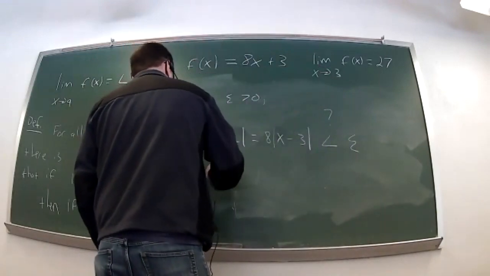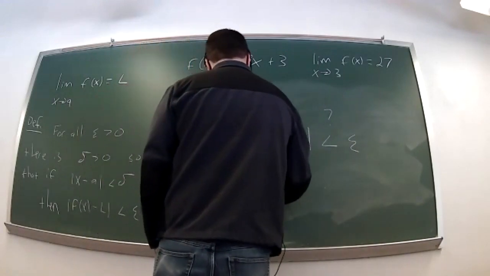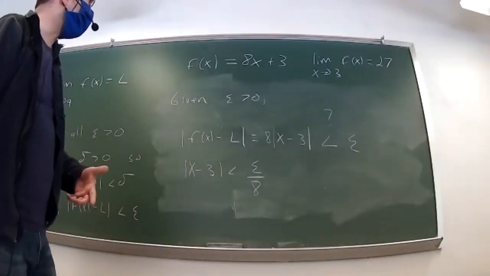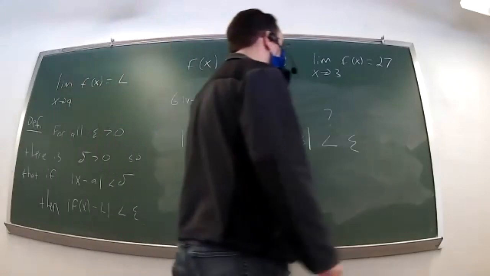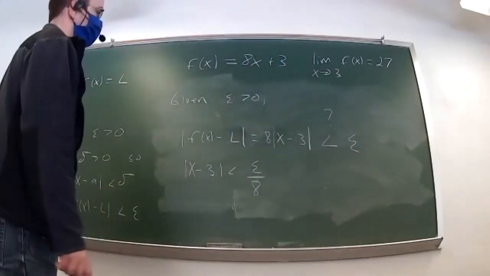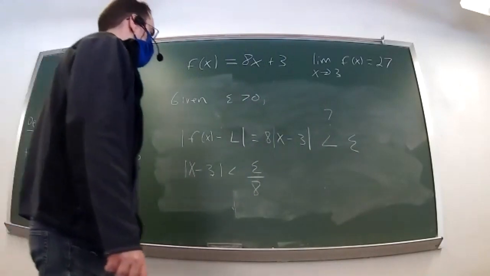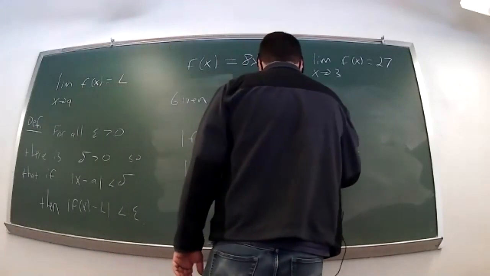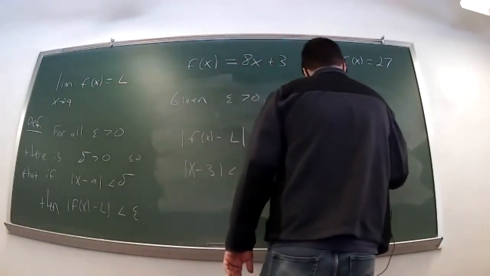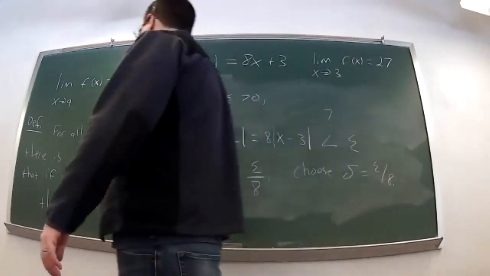You're seeing that as long as x minus 3 is less than epsilon over 8, then f of x minus L will be less than epsilon. So the distance from f of x to L will be less than epsilon. So then you turn this around, and this gives you an idea to choose delta equal to epsilon over 8.